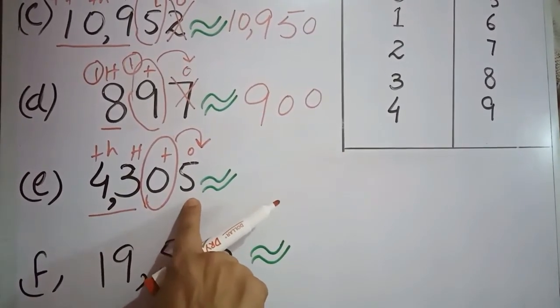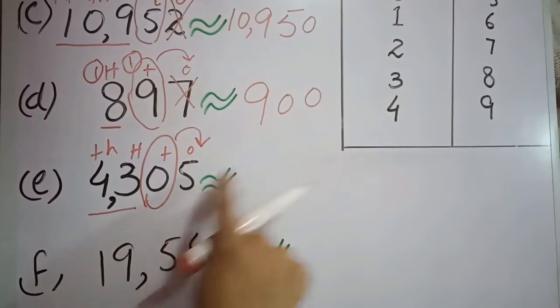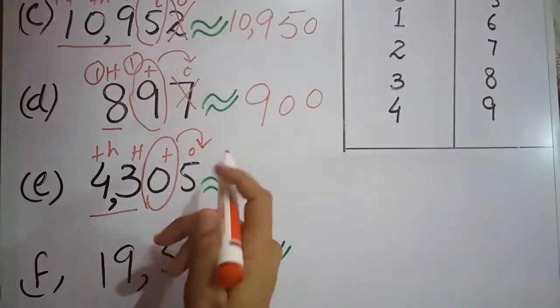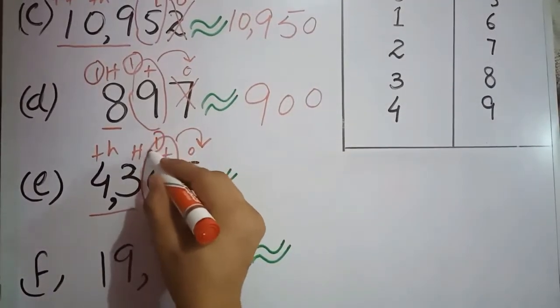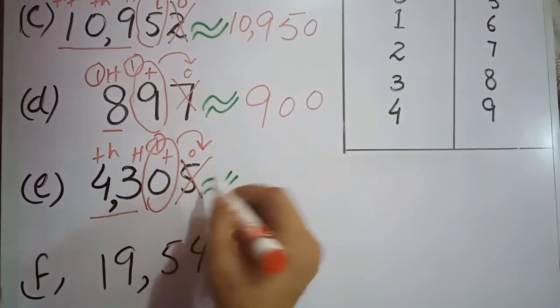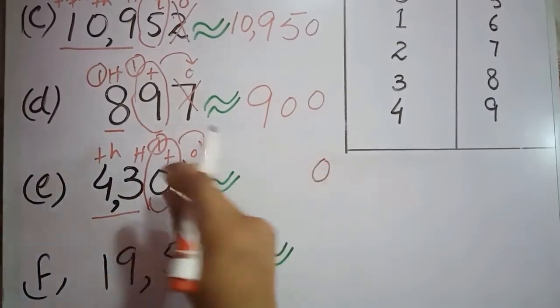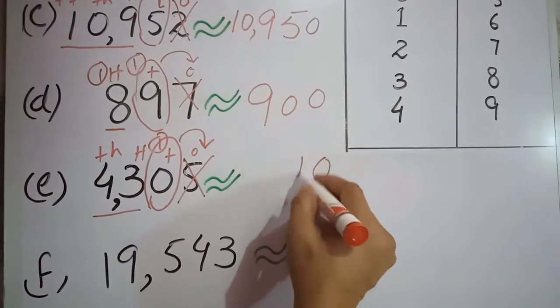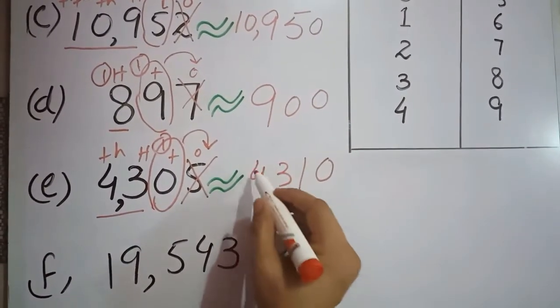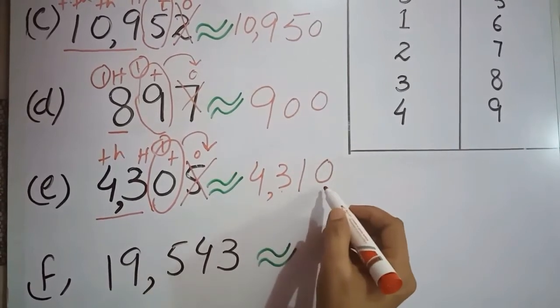The next digit is a strong group member according to the table, that's why we will carry 1 here. The 5 will vanish to become 0, and 1 plus 0 will be 1, and the constants will remain as they are, to make 4310.